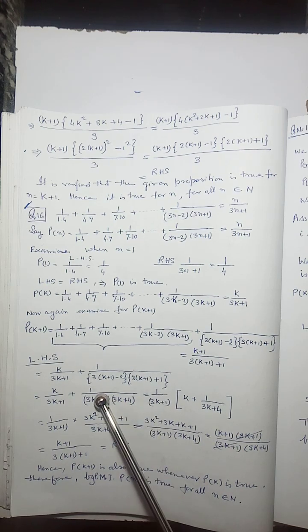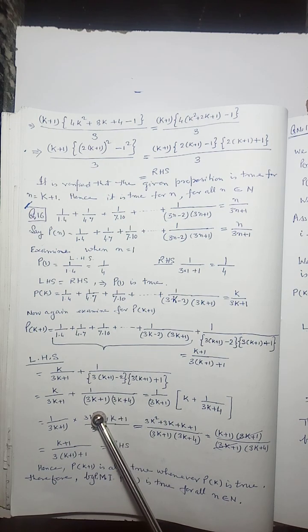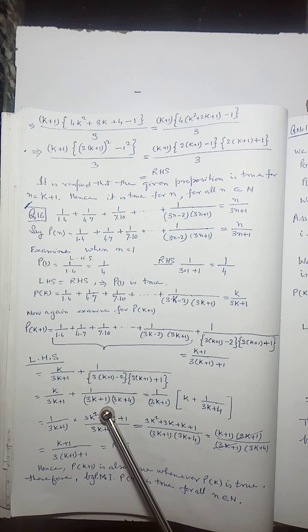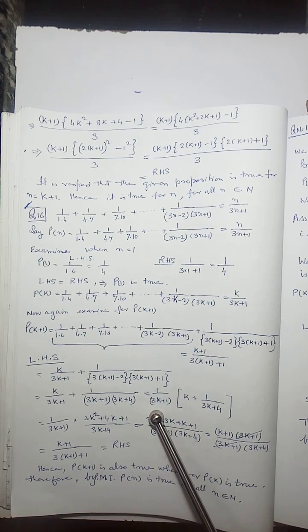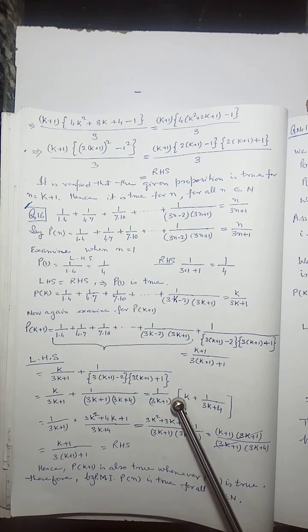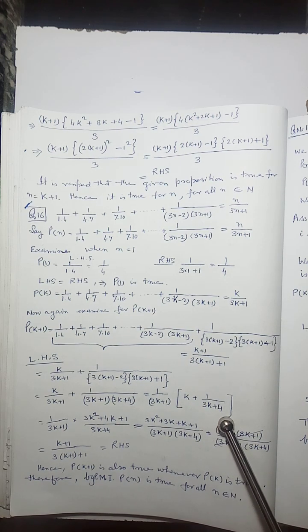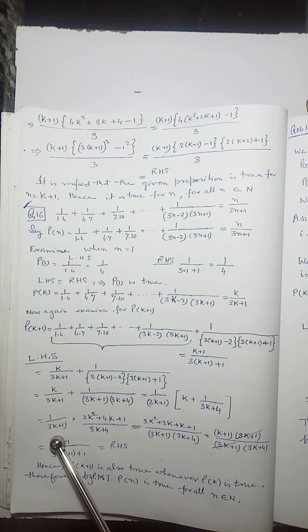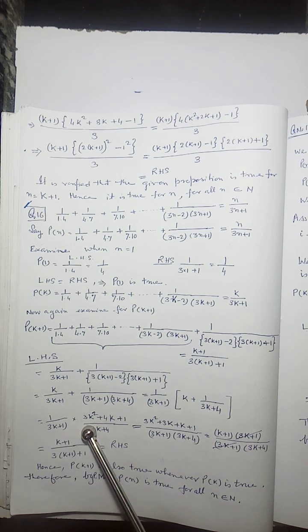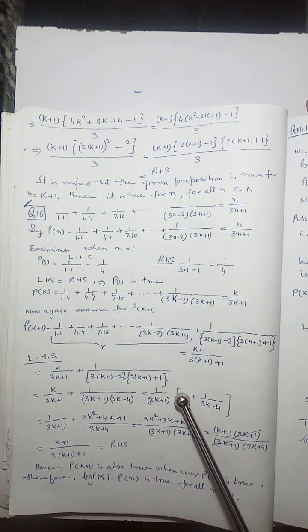In both terms we are getting 3k plus 1 as a common denominator, so we can take it out. That is 1 upon 3k plus 1 inside the bracket, k into (3k plus 4) plus 1 upon 3k plus 4. Just multiply it here.